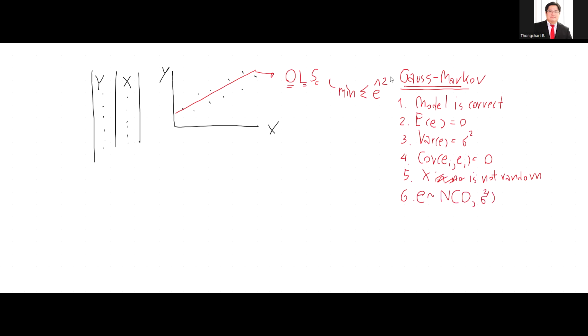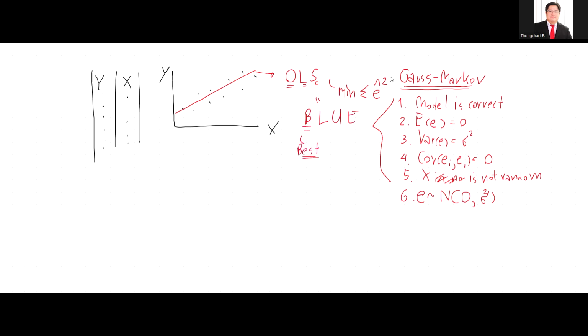So from the Gauss-Markov theorem, they said if the first five rules are true, OLS will be the best linear unbiased estimator, the best.